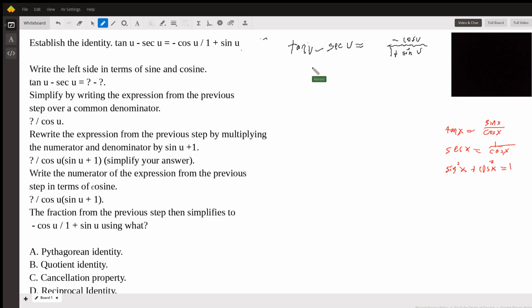But I'm going to use this first identity, tangent, and just rewrite the tangent. So this is going to be the sine of u over the cosine of u minus 1 over the cosine of u. I'm not going to bother rewriting the right-hand side.